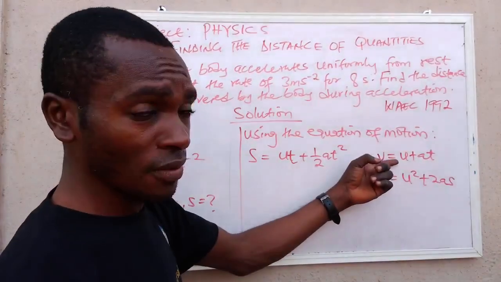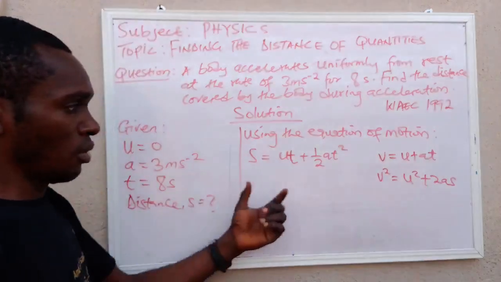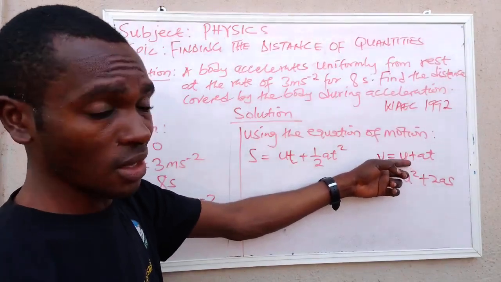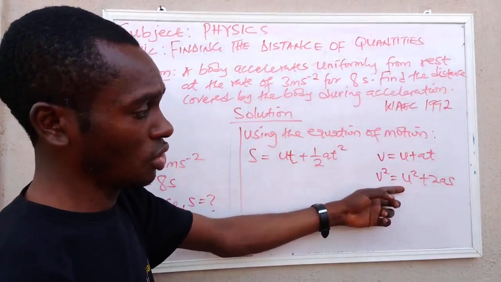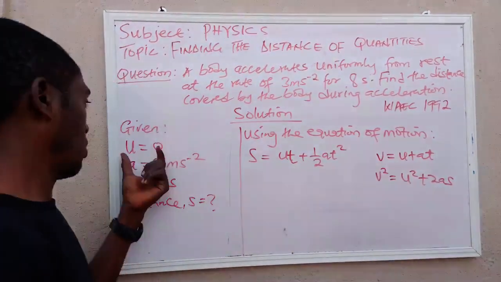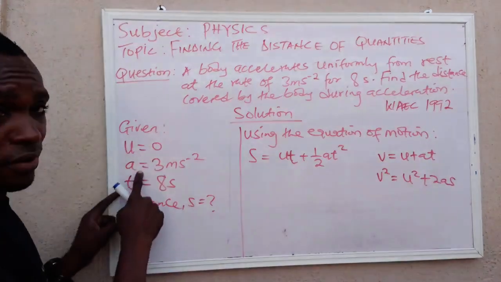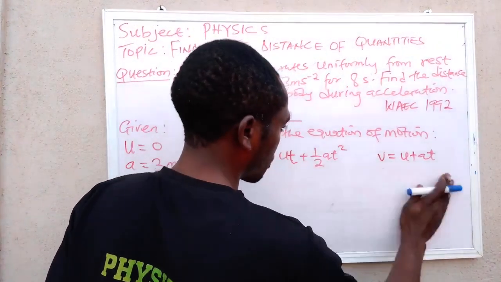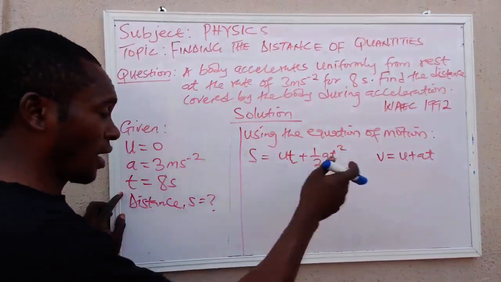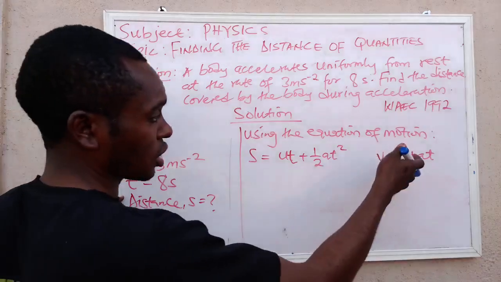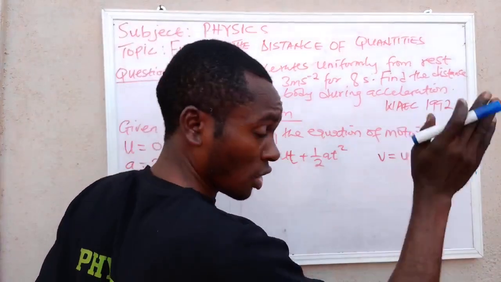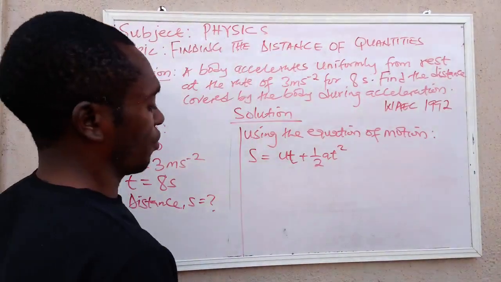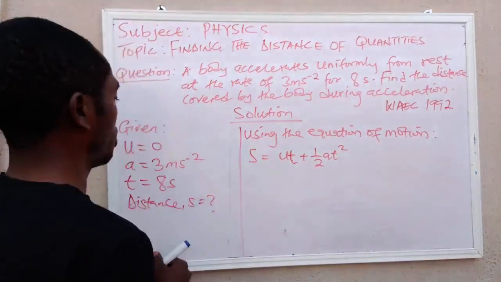The one with v equals u plus at you cannot use because you don't have distance there. If you decide to use them, it will take you a long path, because you have to get your final velocity first and then come back. You could use the time to get the final velocity, which will still give you an answer, but it will be long. Okay, so we have s, which is the direct method.